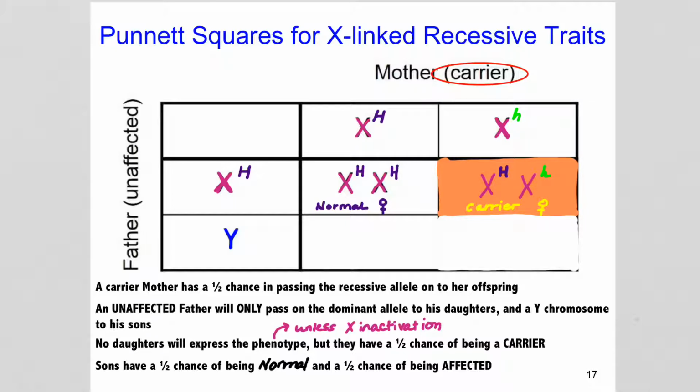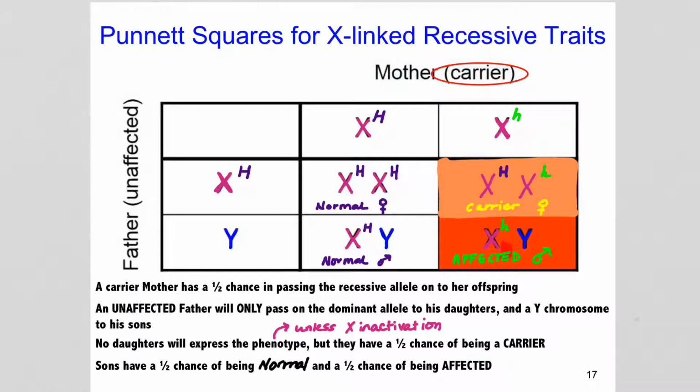So let's complete the bottom part of the square. We have a normal functioning allele being passed on, and now we have a Y. So in this case, we have a son, and he inherits the normal wild type allele from his mother, so everything is perfectly functioning. In this bottom right corner, however, the mother is passing on that mutation to her son.